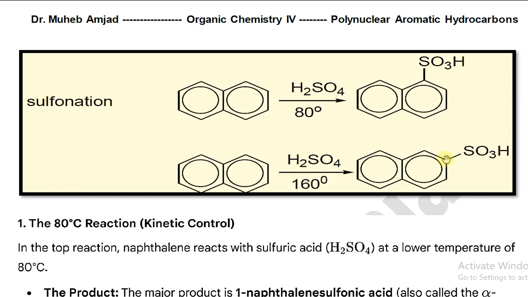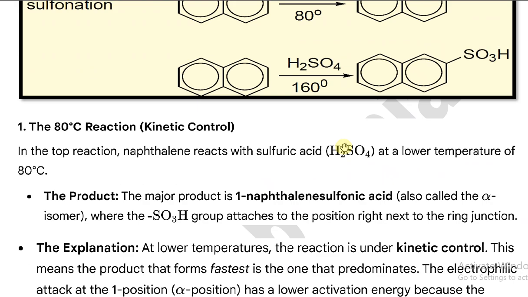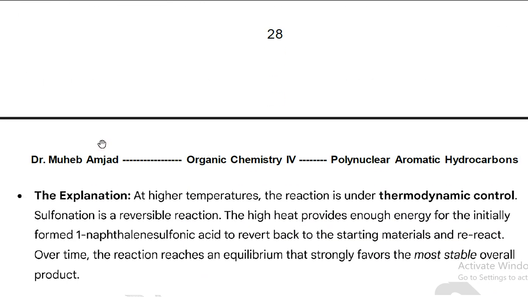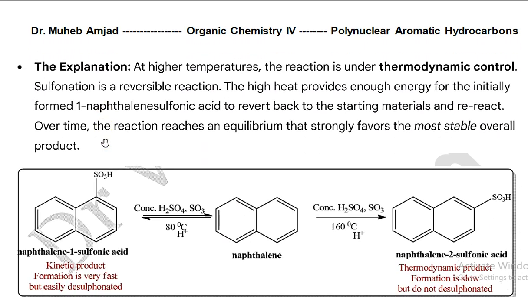That means the beta position is far from the carbon bridge between the two cycles. This position is near the carbon junction, but this position is far from the carbon junction here. So the explanation here is that at higher temperature the reaction is under thermodynamic control.